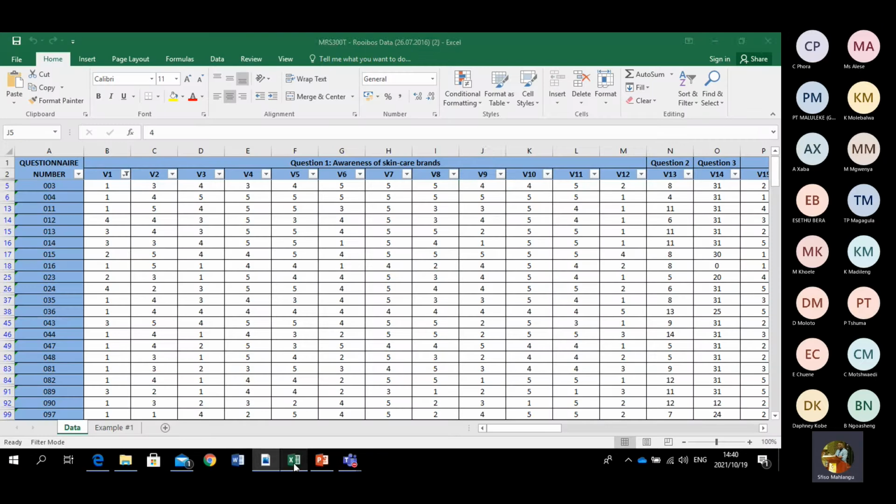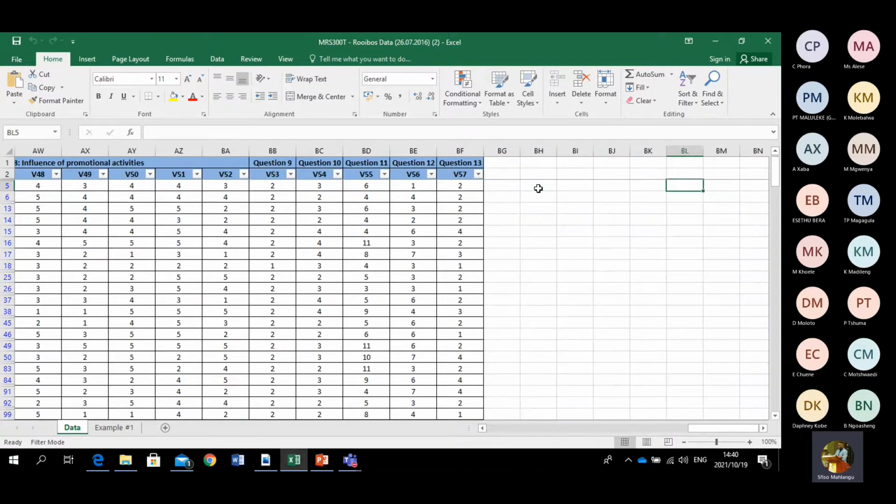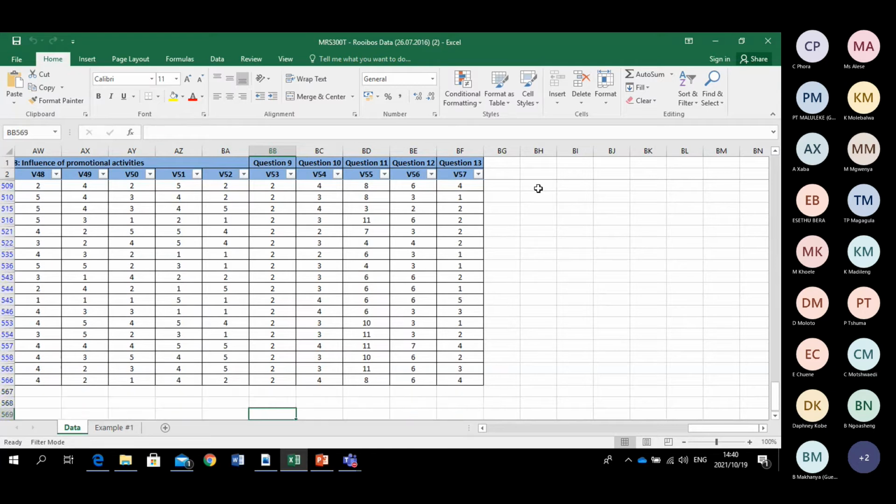we can easily have a glance here, moving along to the last question in the Excel spreadsheet. That was question 9. And you'll see the answers that we have here are only 2s and 1s, but you can see how much the 2s are dominating. That is one example, just illustrating which gender most of the respondents were.